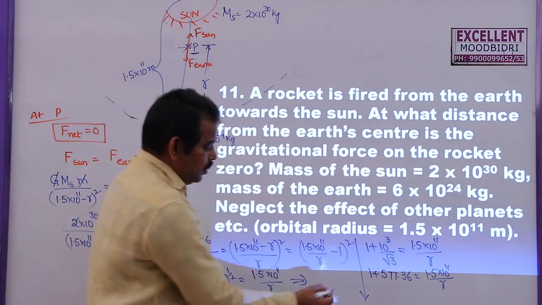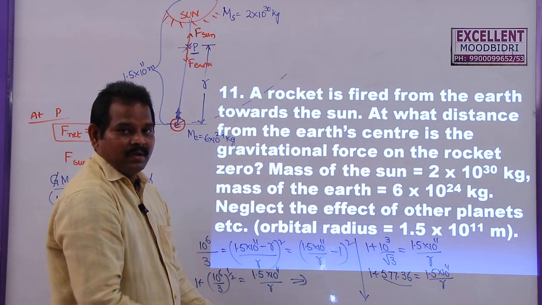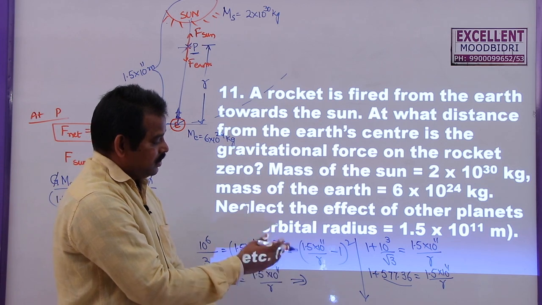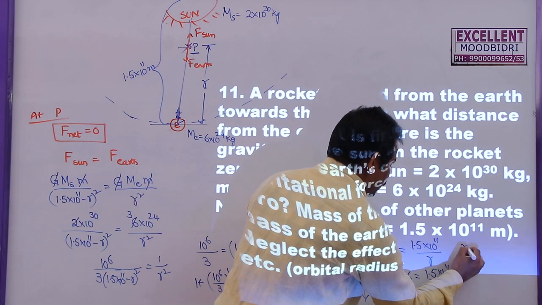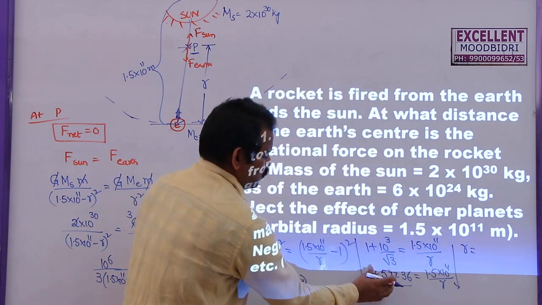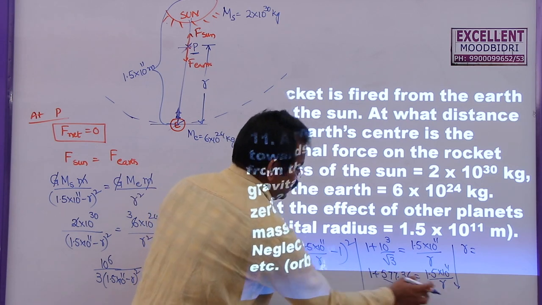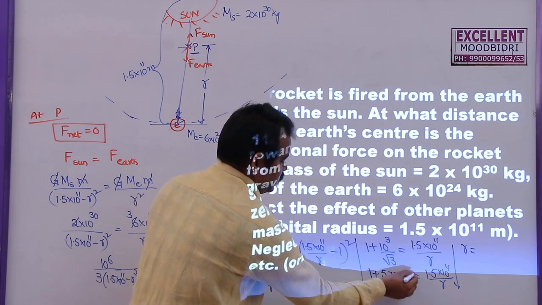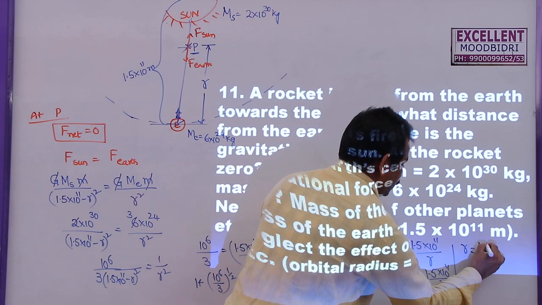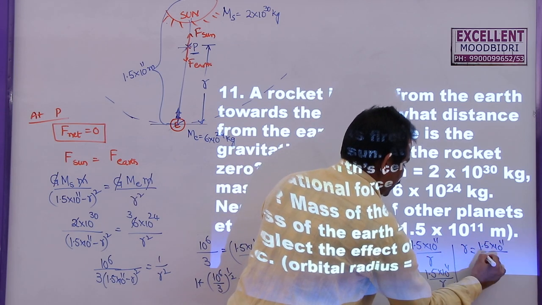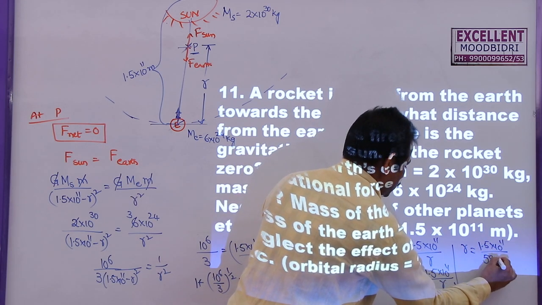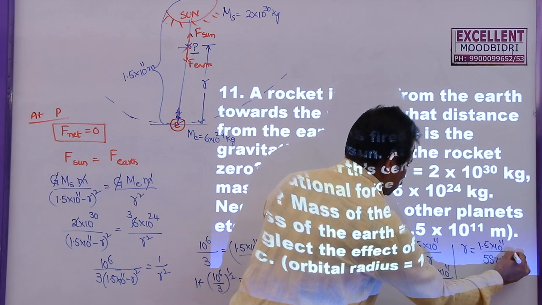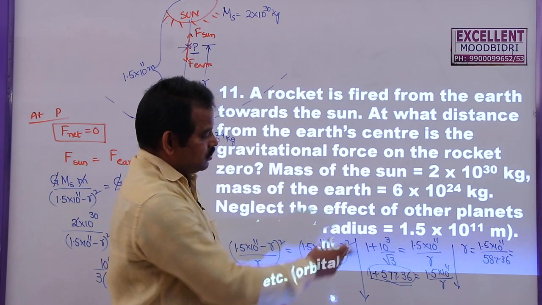I need the r value. This is 577.36 plus 1, 587.36. So r is equal to, let me just interchange these two values, 1.5 × 10^11 by 587.36. So this can also be as it is, 10^11.